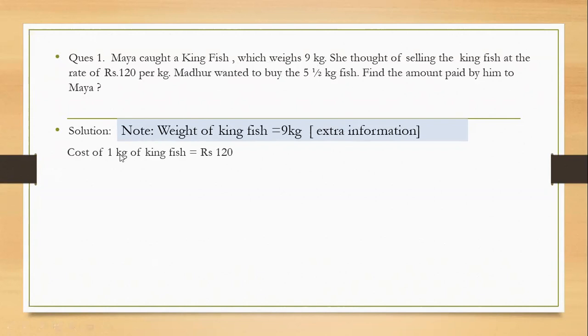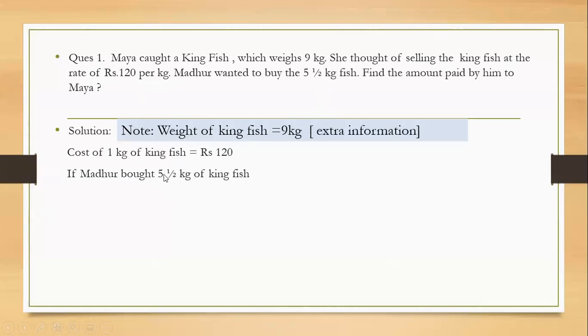So the cost of 1 kg of kingfish is rupees 120. The kingfish is sold at the rate of rupees 120 per kg. From this line, we can understand that the cost of 1 kg of kingfish is rupees 120. Madhur wanted to buy 5.5 kg of kingfish. So, this is fractional data.